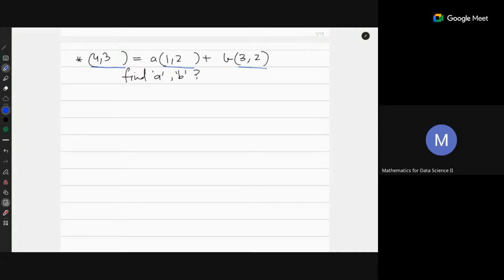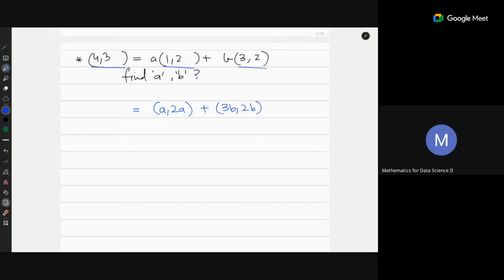First you simplify the right hand side. What do I mean by that? First you scalar multiply A with the vector (1, 2). You will get (A, 2A). And when you scalar multiply B with the vector (3, 2), you get (3B, 2B).